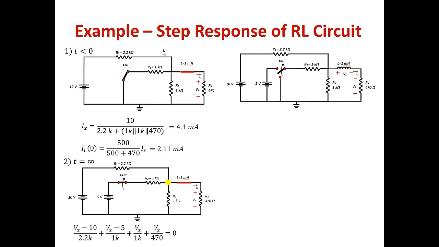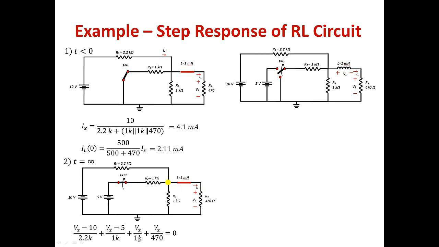So Vx minus 10 over 2.2, that's what I have here, plus Vx minus 5 over the 1K, this is what I have here, plus Vx minus 5 over 1K, plus Vx over 1K, which is what I have here, plus Vx over R4, which is the 470 ohms, that's what I have here, which equals 0.